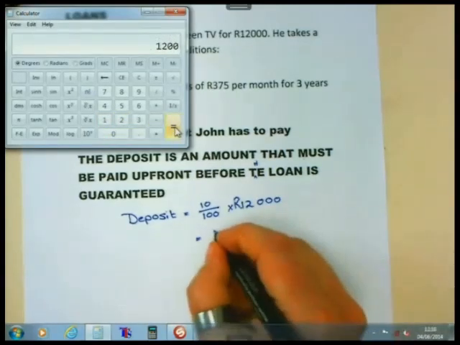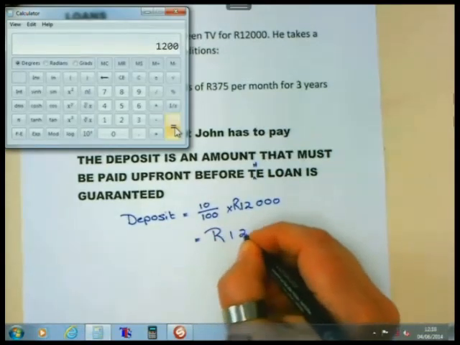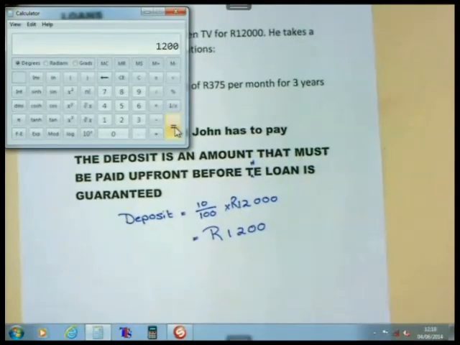And the amount of 1,200 rand is what John must pay to the shop owner before he can take the TV from the store. The rest of the money, John is now going to pay that off every month until he has, at the end of the day, paid off everything for the loan.